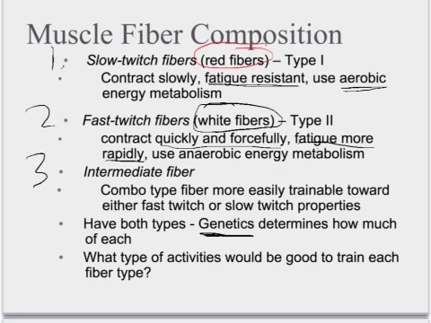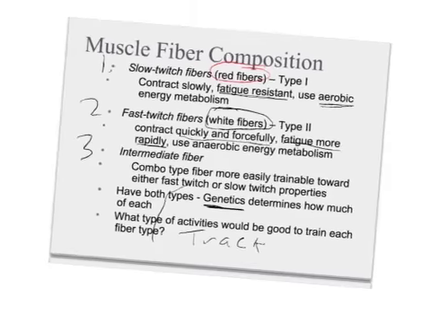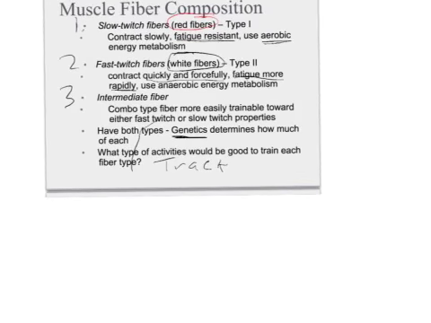Types of activities here: track is going to have all things considered. So in track, with fast twitch, it's going to be all of the field events that will be fast twitch type things.